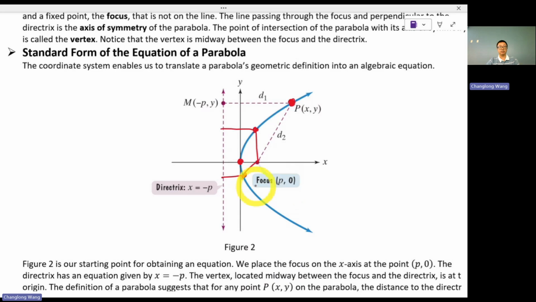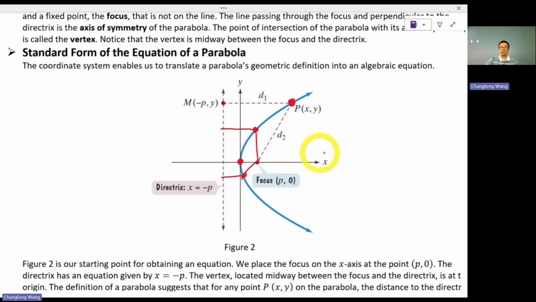Again, they just decided to call it p, right, instead of c for some reason. But anyway, so p units to the right of the vertex. And since the directrix must be equidistant from the vertex, but on the other side of the focus, you're looking at a vertical line, which will be to the left of the vertex by p units.